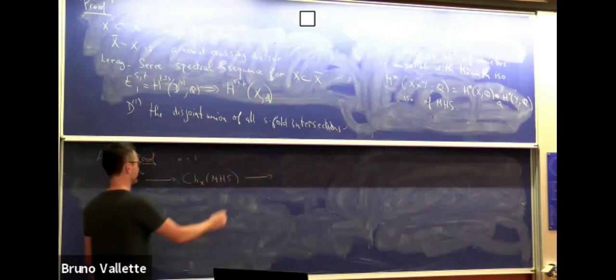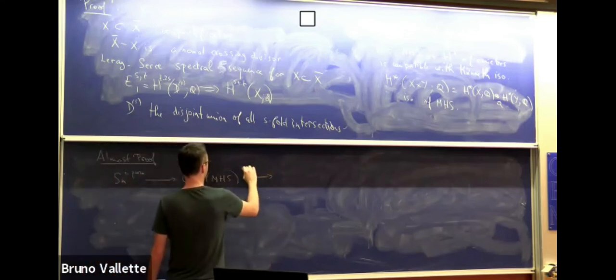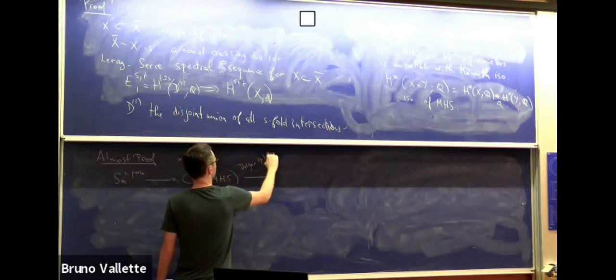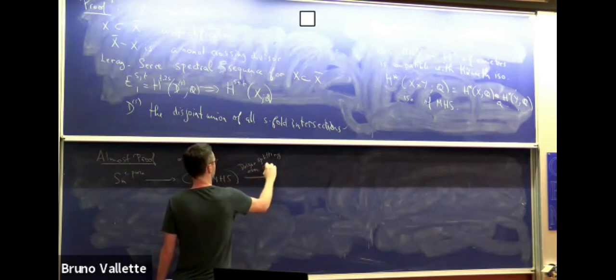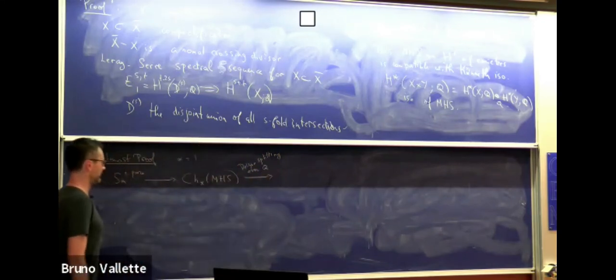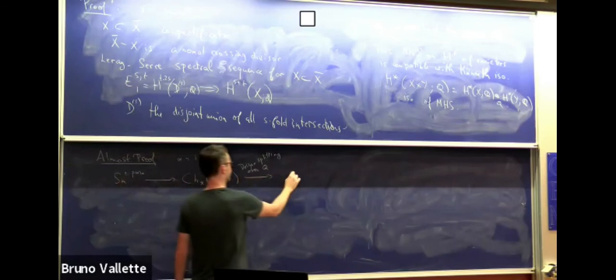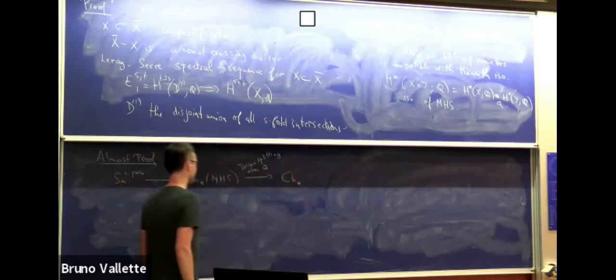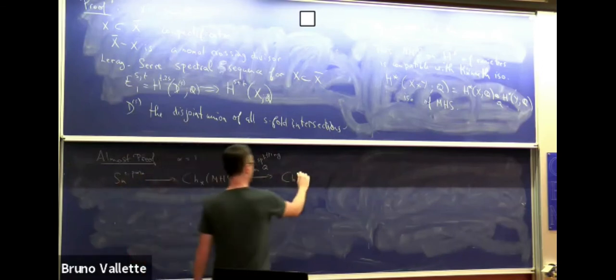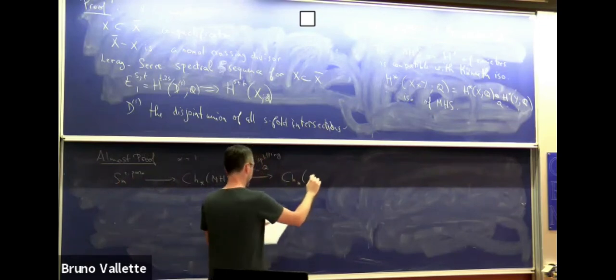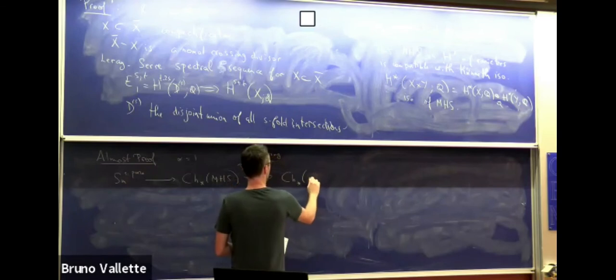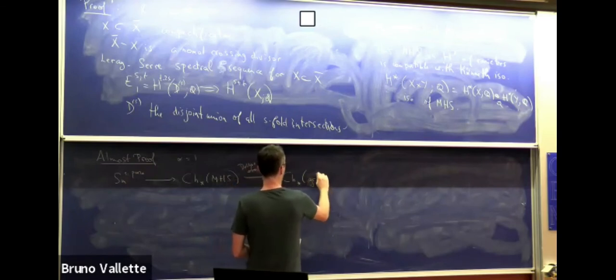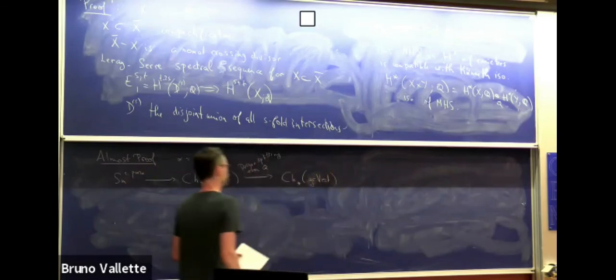Then I can use Deligne splitting, the version that we proved over Q. It tells me that I can split the weight filtration. So I land in chain complexes in graded vector spaces.